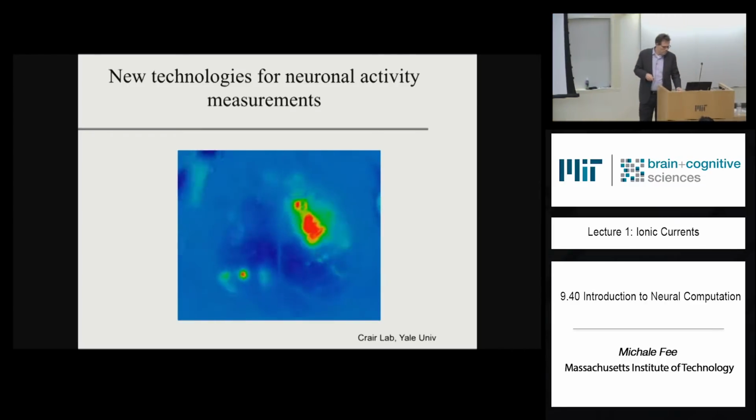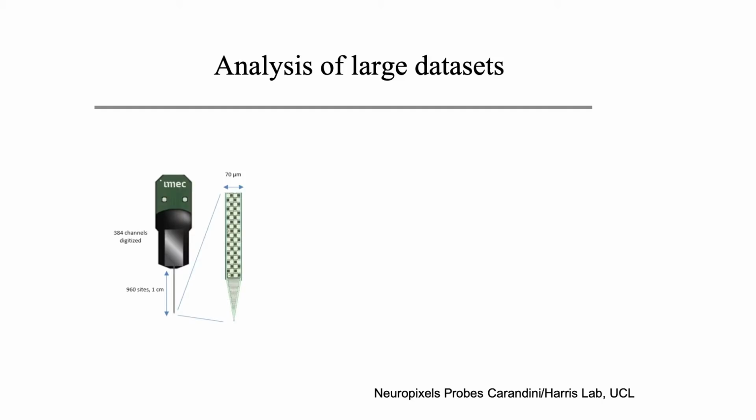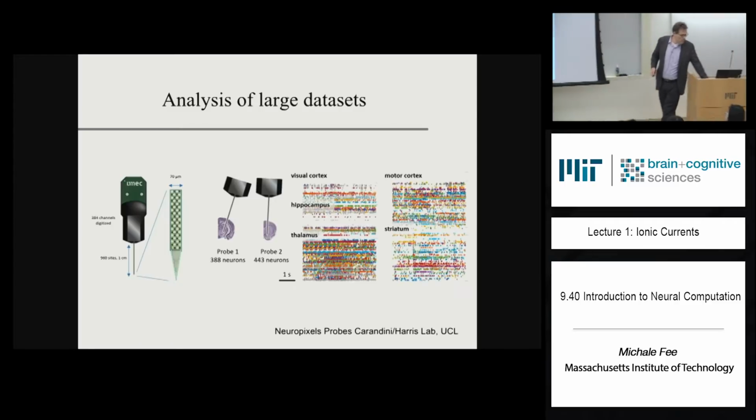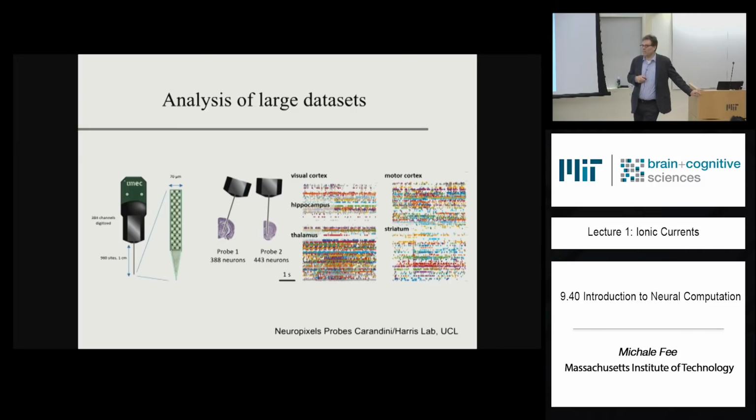Here's another example. There are these new probes, basically silicon probes that have thousands of little sensors on them, and a computer here that reads out the pattern of activity. These are called Neuropixels. Those are electrodes that can, again, record from thousands of neurons simultaneously, and they're quite long and can record throughout the whole brain, essentially all at once, okay?